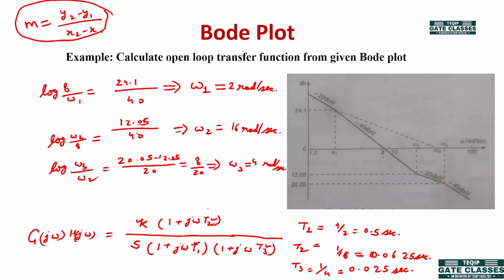Okay, so next we need to calculate omega 4 to calculate K. We have already calculated T1, T2, T3. Now we need to calculate K, which is equal to omega 4. For calculating omega 4, we consider this, as we have already calculated omega 1. This slope is 20 per decade.